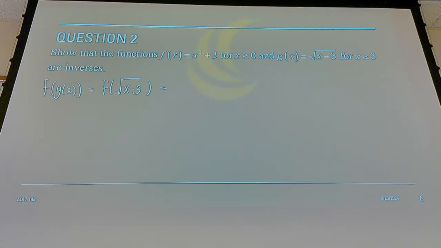Replace x with root x minus 3. Square root of x minus 3 squared is what?